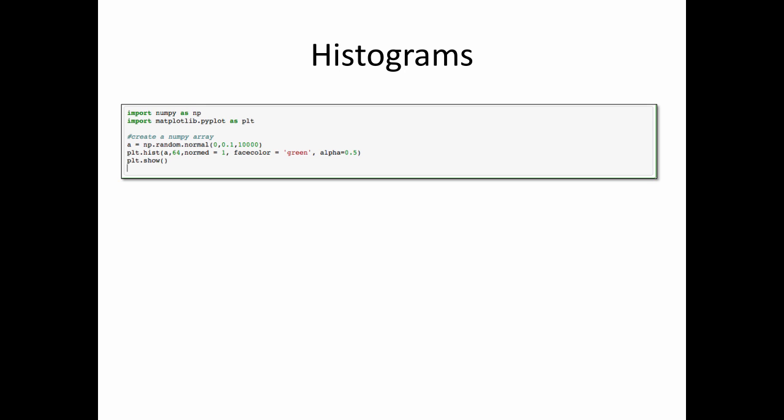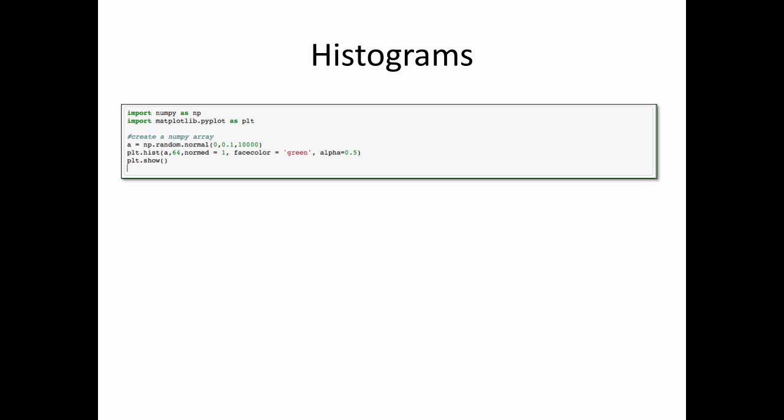So you can also display histograms using Matplotlib. In this example, I declare a NumPy array of 10,000 elements with values randomly distributed between 0 and 0.1. And then I call the method .hist, where I want to create 64 bins using bar charts of green color, with 50% opacity.